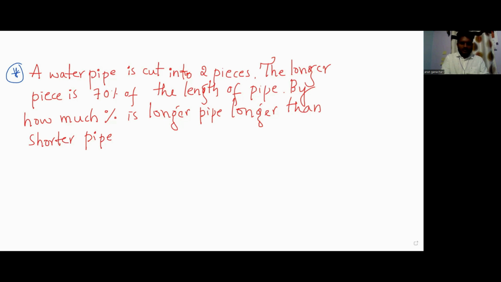You are able to see the whiteboard, right? By how much percentage is the longer pipe longer than the shorter pipe?